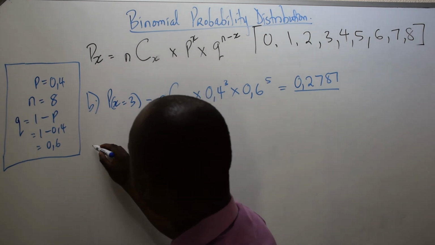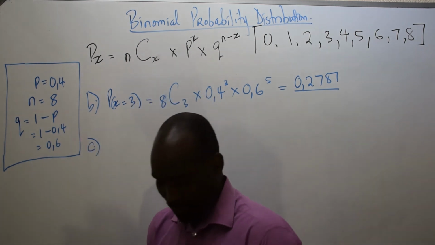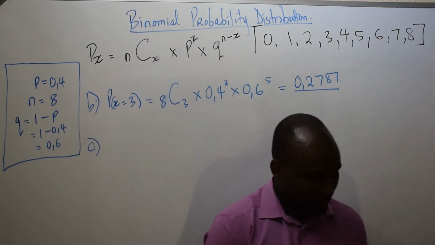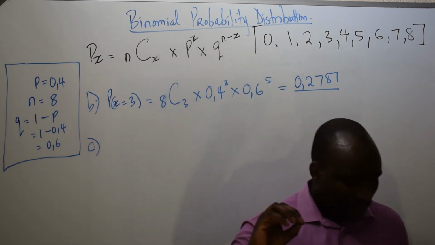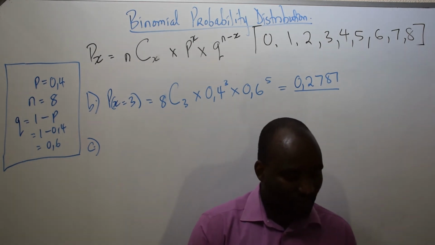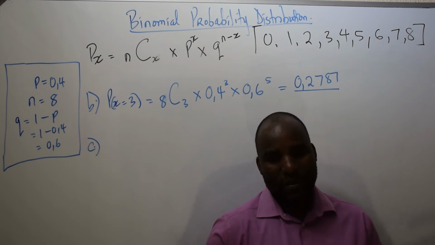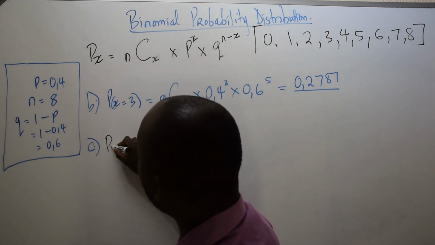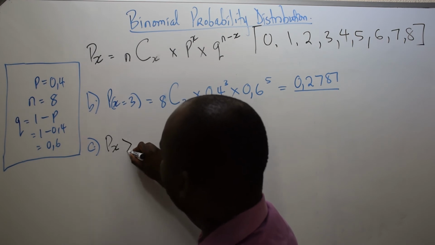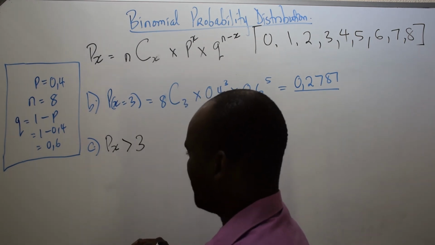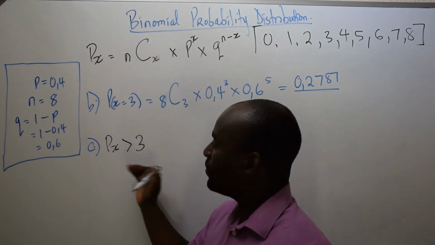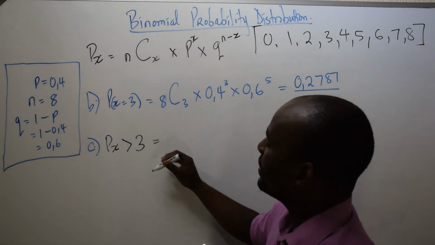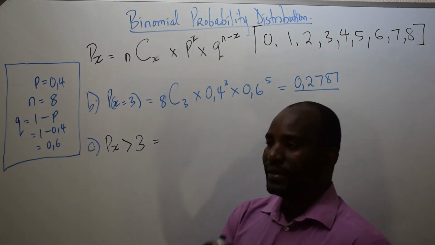I can simply move straight into C. Now C says, what is the probability of more than 3 sales? So we're going to write this, P(X > 3). Before we do any formulas or any substitution, let's assess and check.